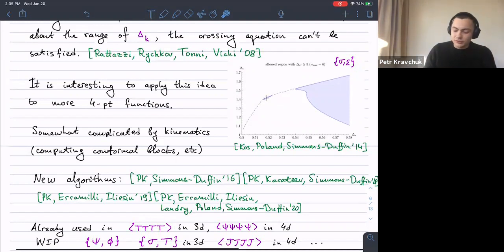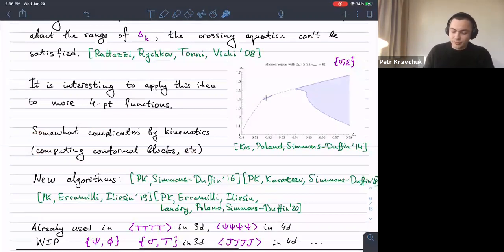A few such studies have been done, but more general research in this direction was impeded by technical complications related to conformal blocks and tensor structures and so on.